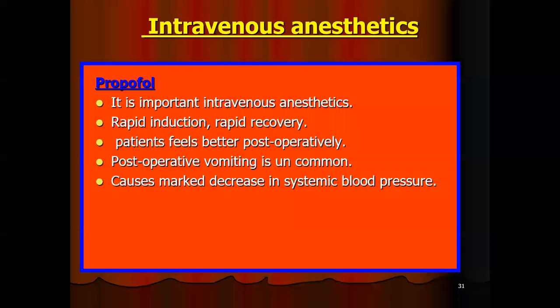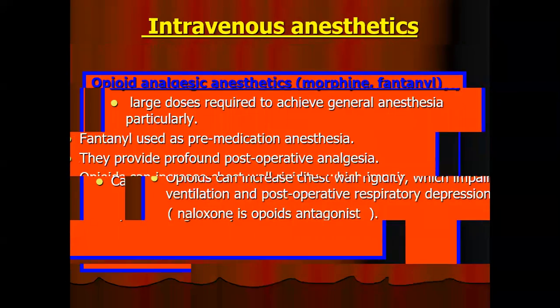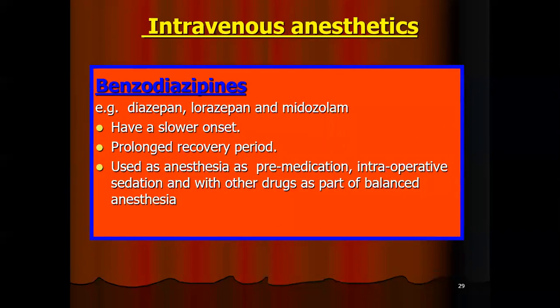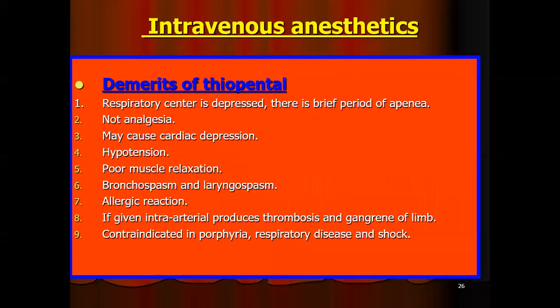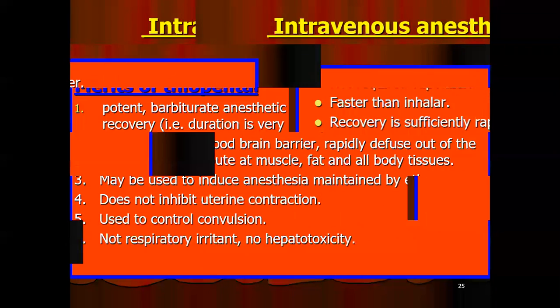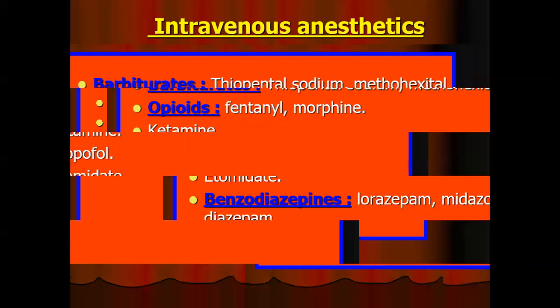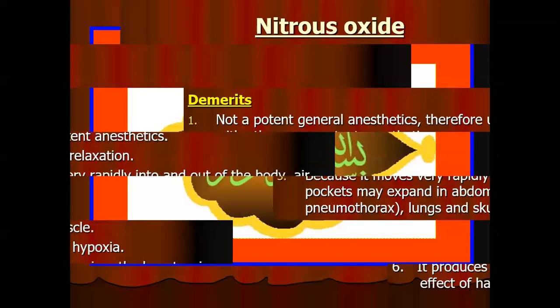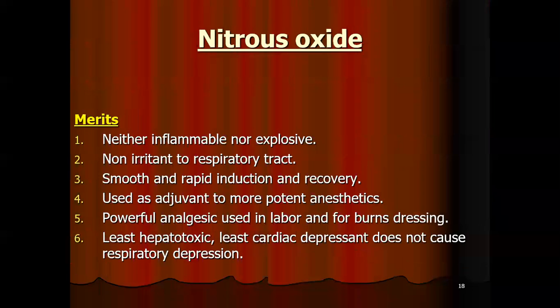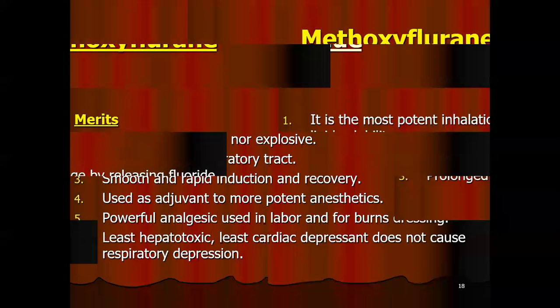There are two types of anesthetic agents. One is the intravenous anesthetic agents and the other is the inhalational anesthetic agents. There are two main definitions, like blood gas coefficient and the MAC, minimum alveolar concentration.